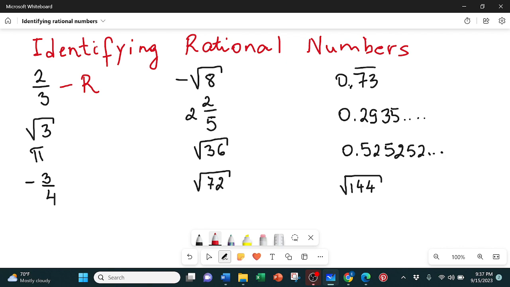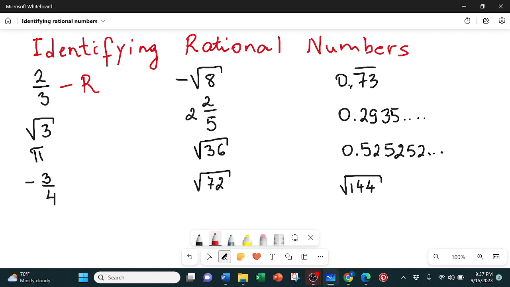And we're going to ask ourselves, is this number a perfect square? Which ones are perfect squares? Perfect squares are numbers like 4, 9, 16, 25, 36. So 2 to the second power, or 2 times 2, equals 4, 3 times 3 equals 9, 4 times 4 equals 16.